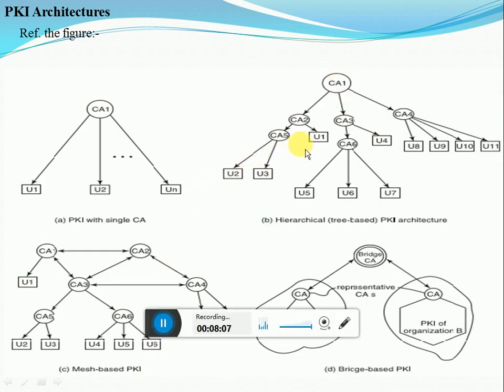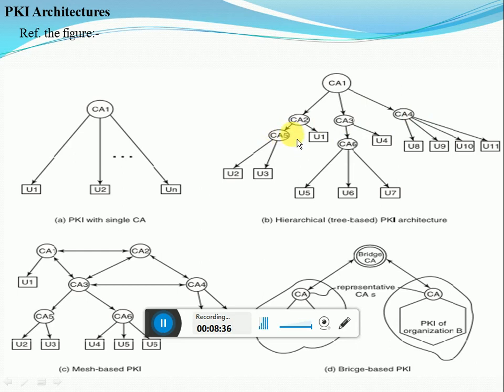This type of architecture we call hierarchical architecture, where we can imagine a situation of multiple CAs, but this particular situation is handled by a main CA who in turn will appoint some CAs for whom he is giving certifying authority.